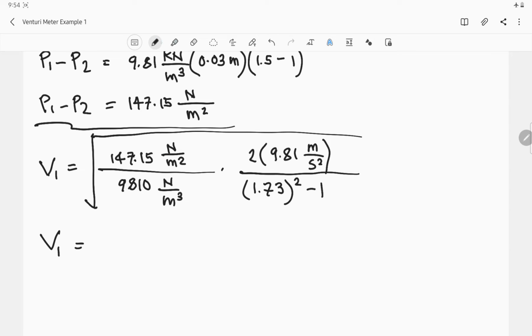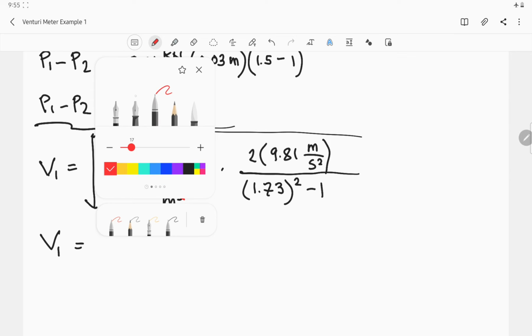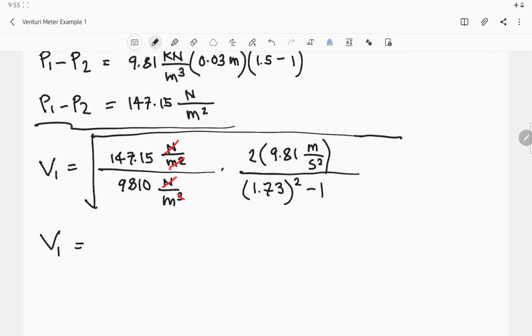The units cancel: Newton, Newton, Newton cancel, then meter is what remains. So the unit is actually meter squared per second squared.